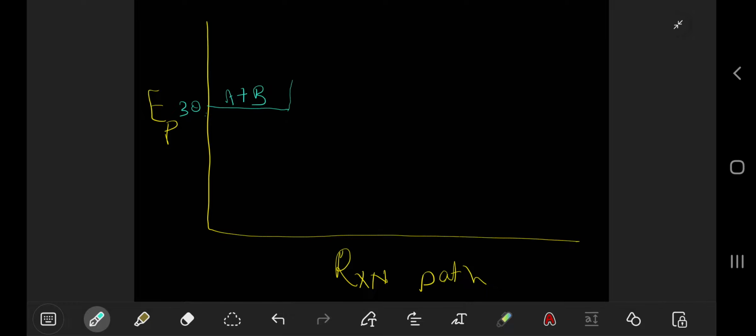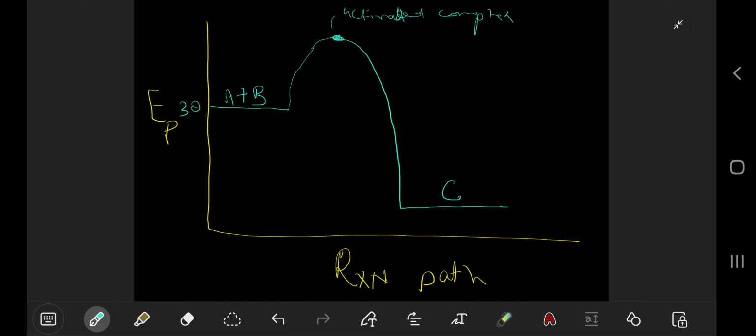So energy is absorbed to do what? To break down the bonds between the reactants. And then up there, that is your activated complex, whereby the stage is very unstable. And then when new bonds are formed, energy is released. So now we release energy. And then at the end of the day, we have our product, which is C.